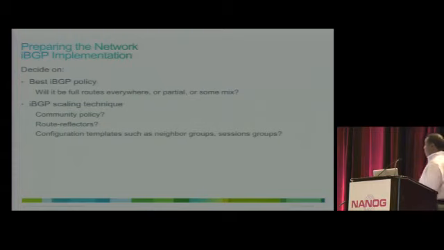And obviously you have to implement communities for scaling purpose. Again, if you think that your network is going to grow, or if it is large already, then you have to implement route reflectors. Configuration templates are always important, and configuration templates make it easier to scale your configuration and also make your system stable.